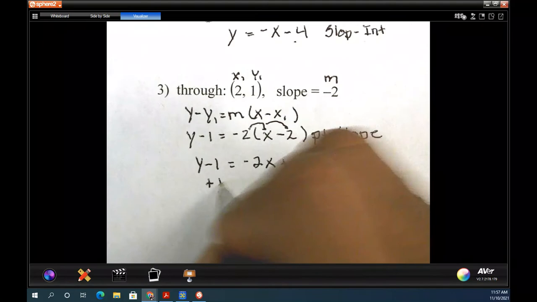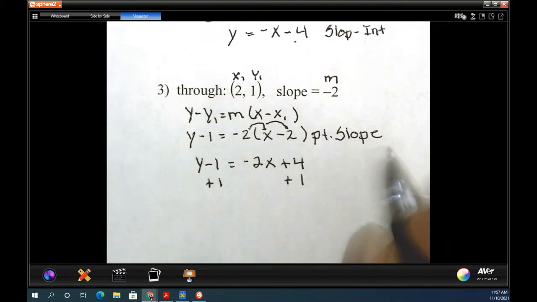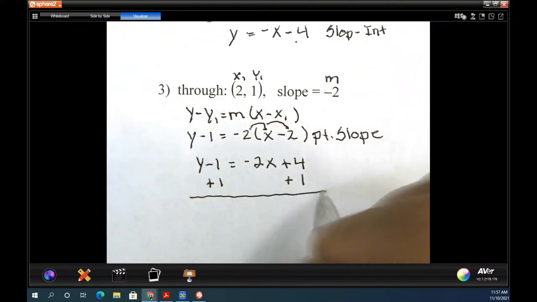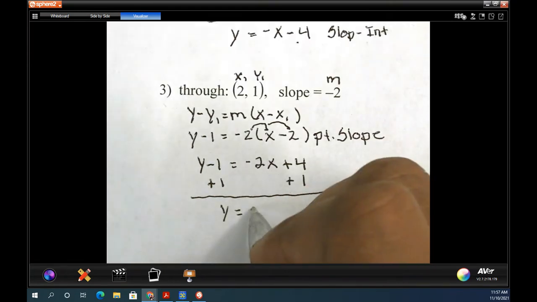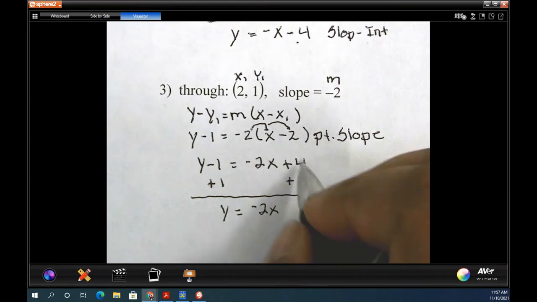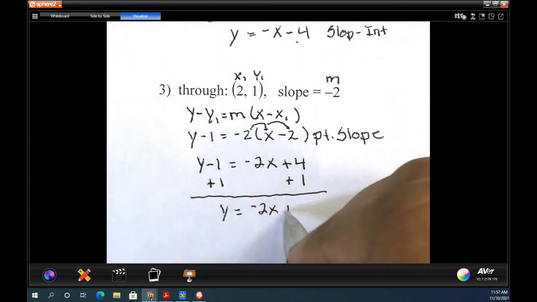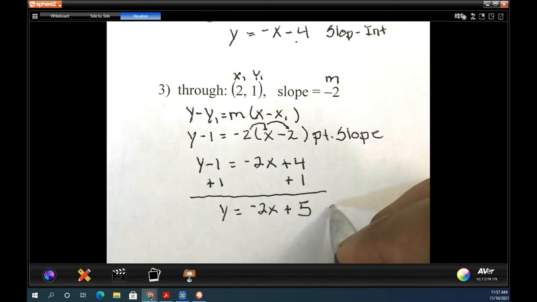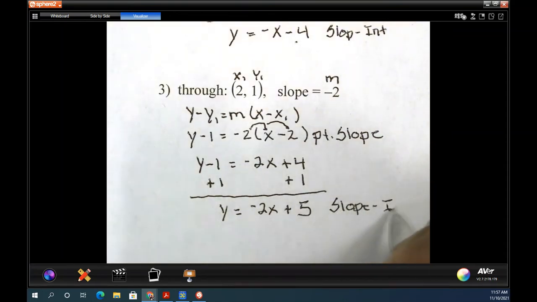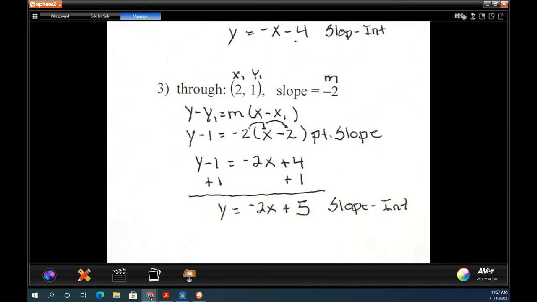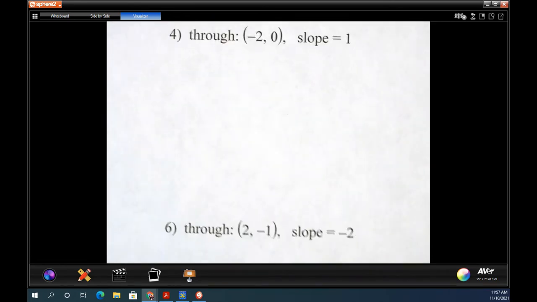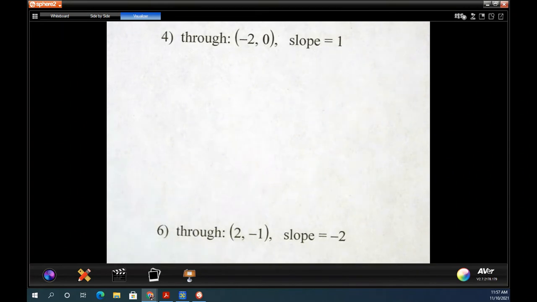Add 1 to both sides. Use the top-down method. So y equals negative 2x plus 4 plus 1 is 5. Use your calculator. That is slope-intercept form. You can't get the slope-intercept without going through point-slope when they give you a point and a slope. Okay. See if you can get it into point-slope form on number 4.